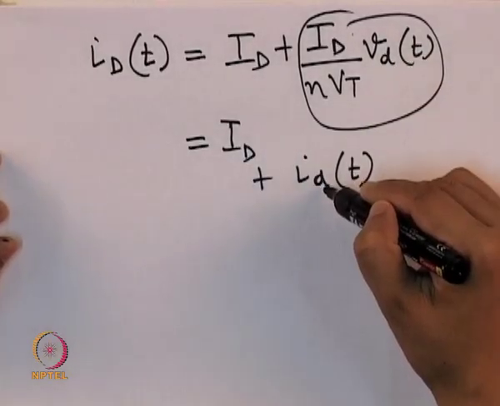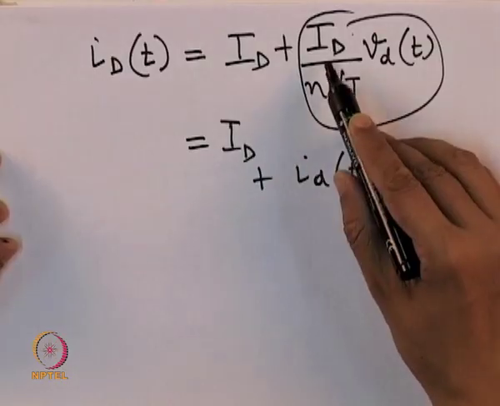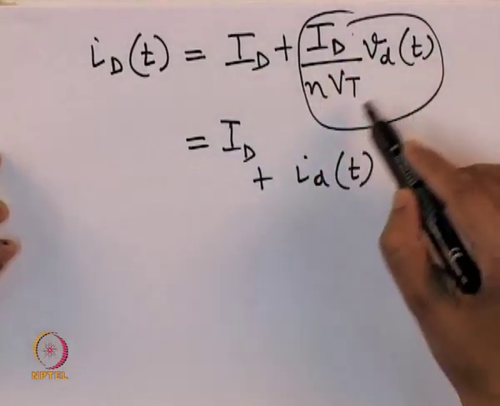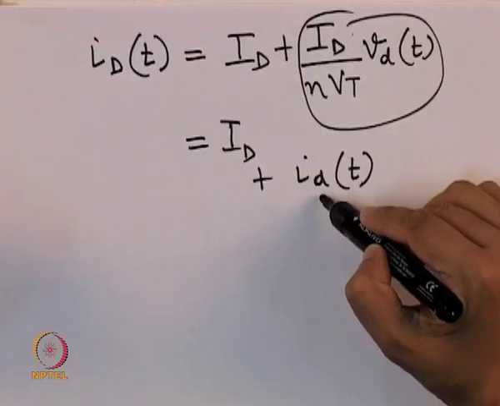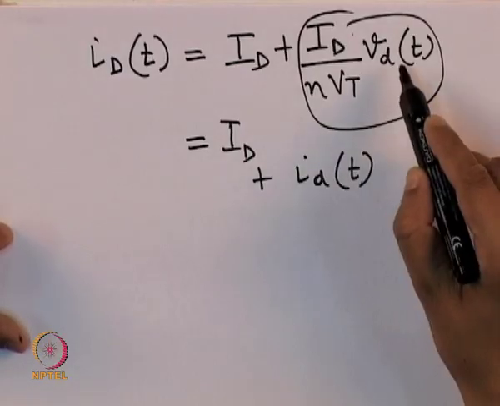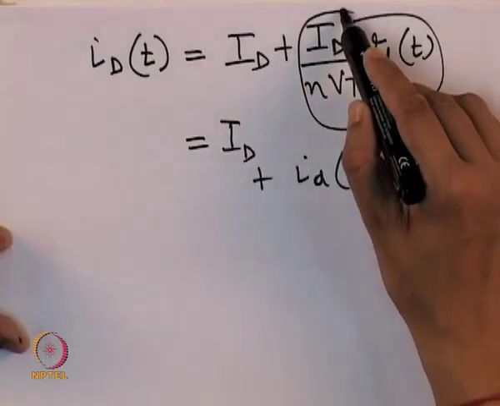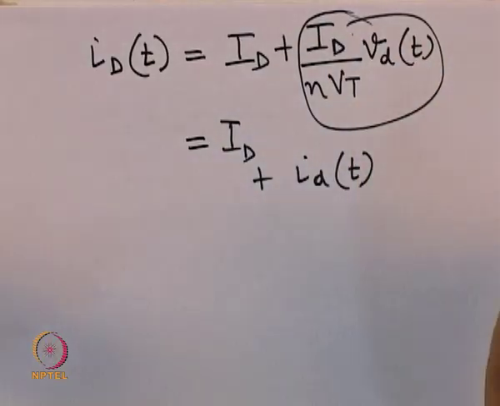So, i d of t is given by this relationship, which shows that the AC current through the diode is linearly related to the AC voltage across the diode.